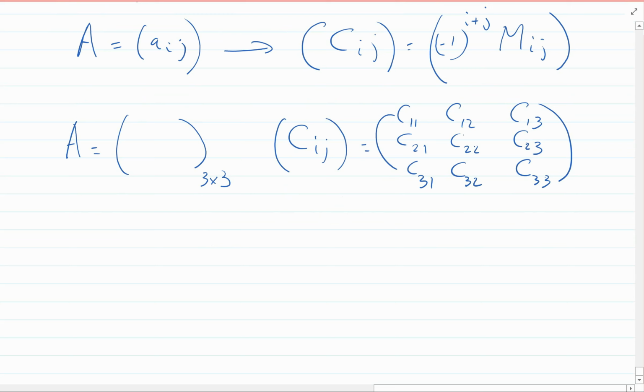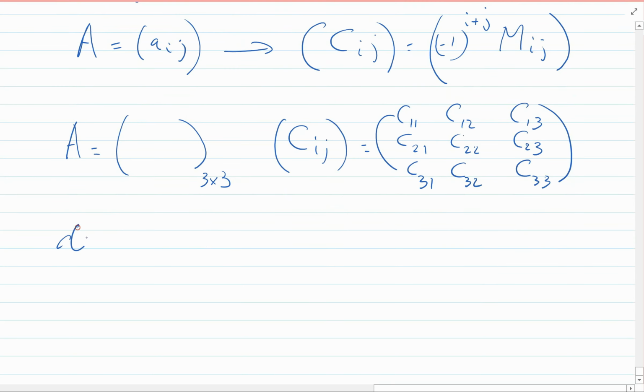Okay, so what is the determinant of A? And this is, of course, A11 through A33. What is the determinant along any row?